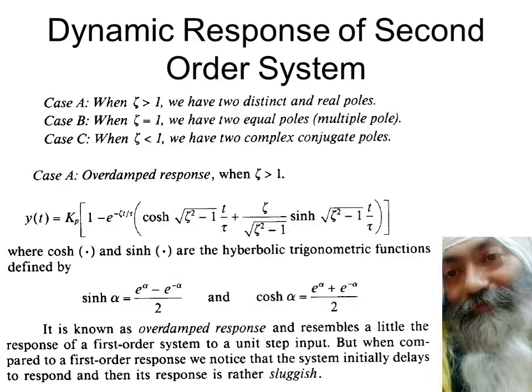So this is called an overdamped response, and it resembles the first order response, but when compared, we notice that the system initially delays its response, and then its response in the initial stages is rather sluggish. Overall also it's rather sluggish as compared to the first order response. We will see this in the figure subsequently.